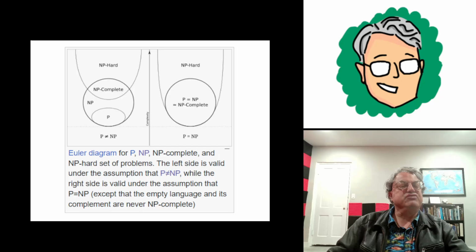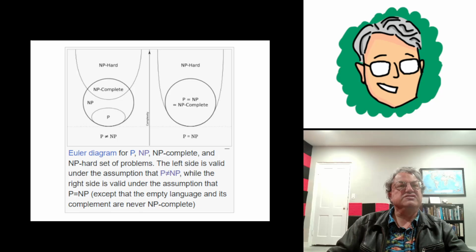So NP complete problems are NP, and they're also NP hard. I guess NP hard aren't NP necessarily. But if P equals NP, then all NP complete problems would then be equal. Well, they're already NP, but then they'd all be P.